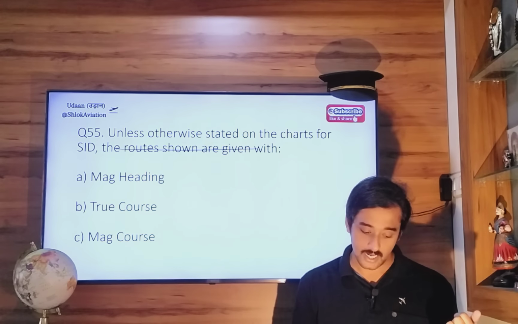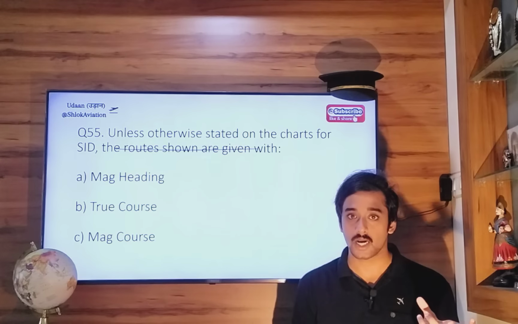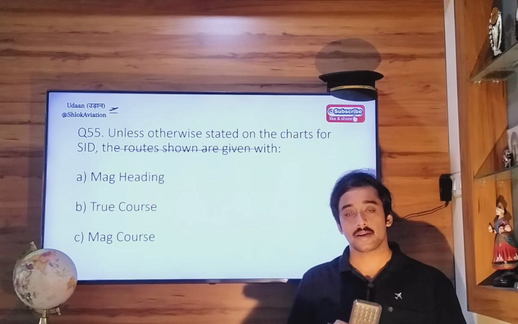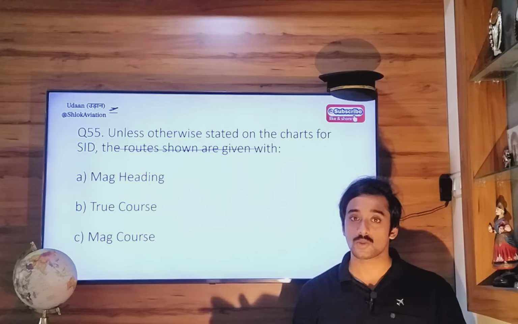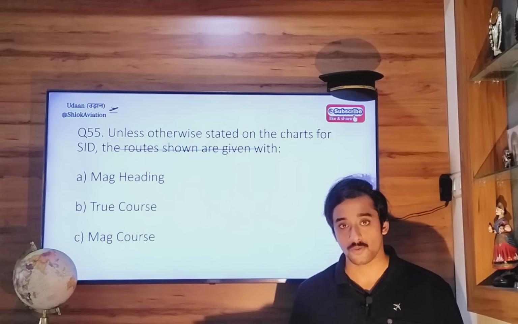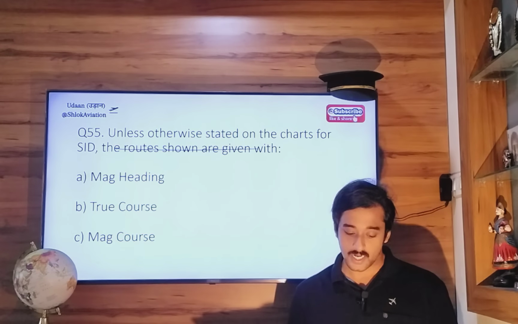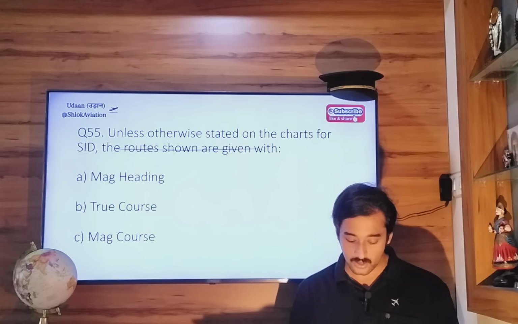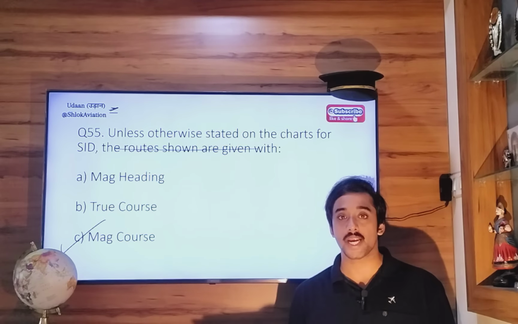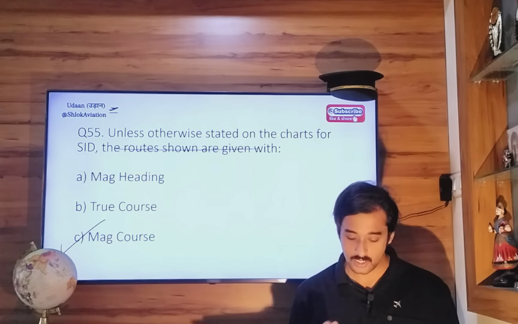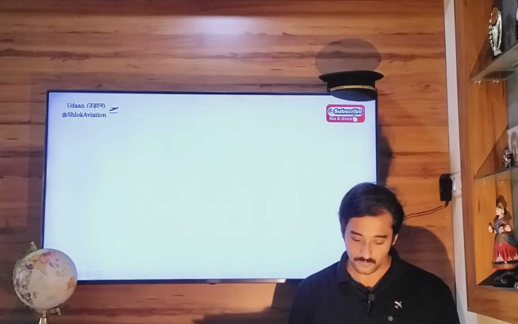When you fly a standard instrument departure, you must notify the ATC about that. And if you don't want to fly a standard instrument departure, you must notify that to ATC also. Whenever you fly a standard instrument departure procedure, you are actually flying a track called magnetic track or magnetic course. All those charts are depicted in terms of magnetic direction. So option Charlie is the right one.